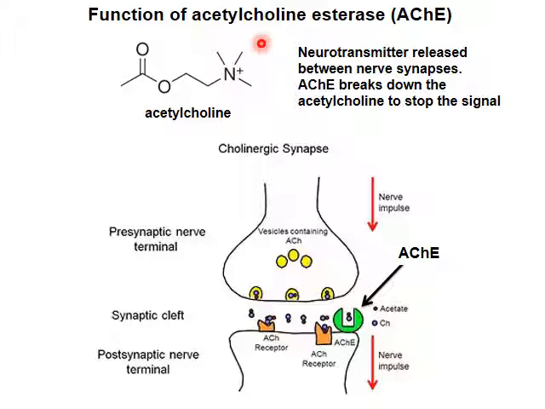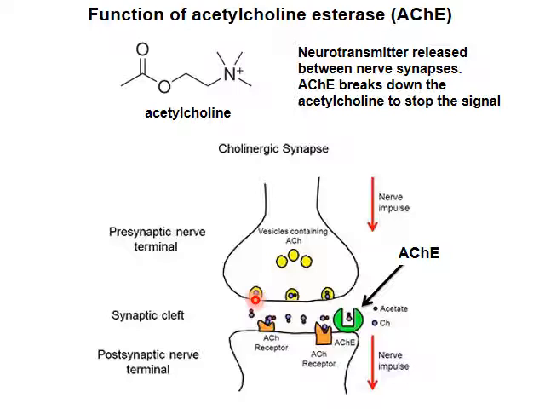Consider the acetylcholine esterase, which is an enzyme that hydrolyzes acetylcholine. So acetylcholine is a neurotransmitter that's released between two adjacent nerve cells, and this is what is released to propagate the nerve impulse from the presynaptic nerve to the postsynaptic nerve through the synaptic cleft.